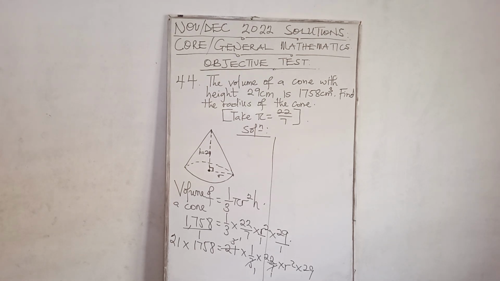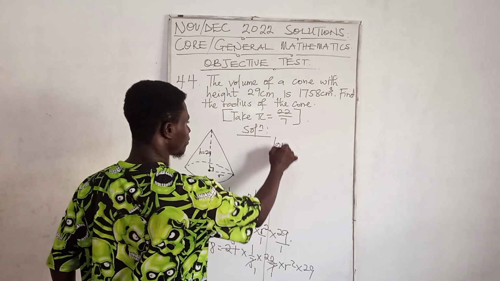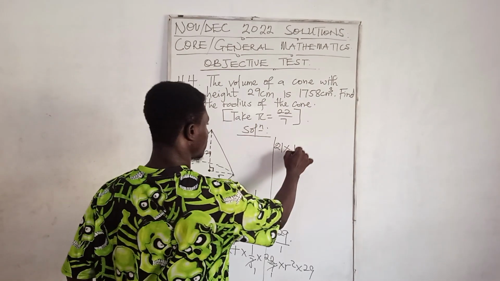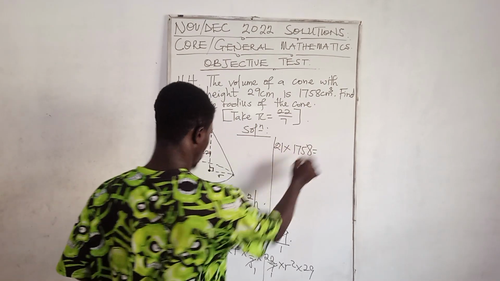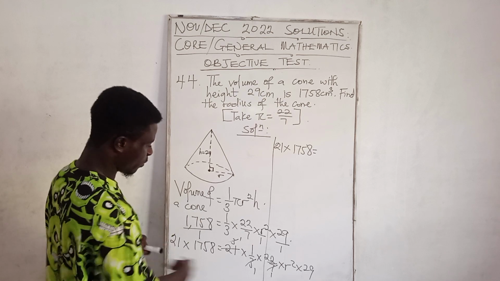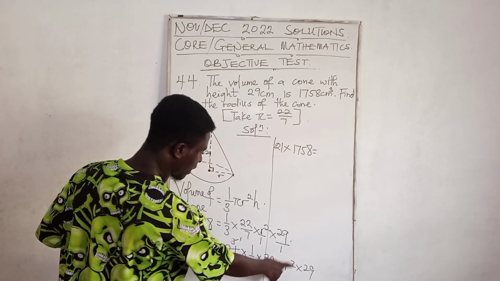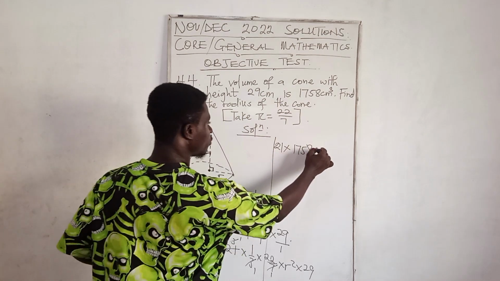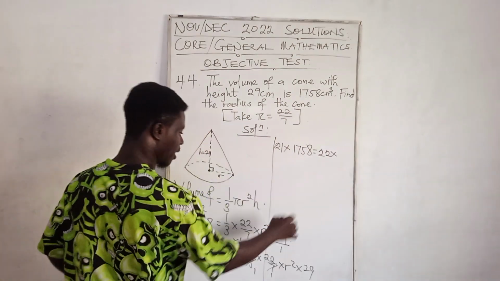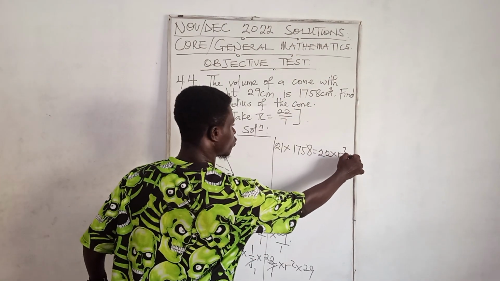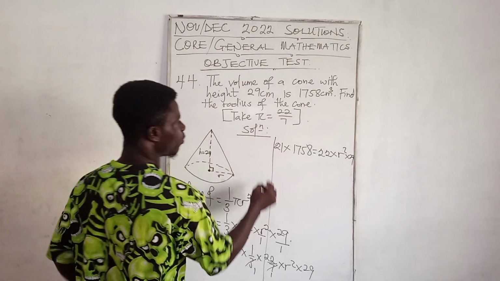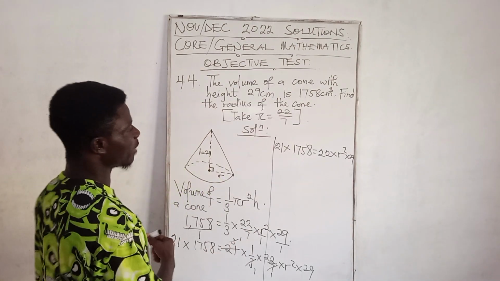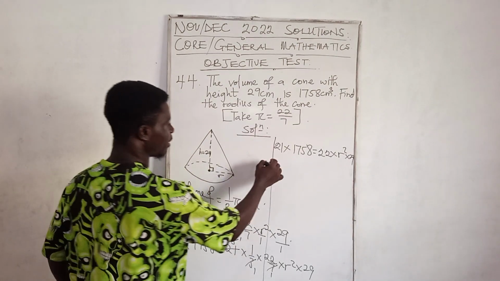So let's proceed. We have 21 times 1758 equals, now we have 1 times 22 times r squared times 29. So I can see that 22 times r squared times 29. So now what can we do? We can divide both sides by what? 22 times 29.